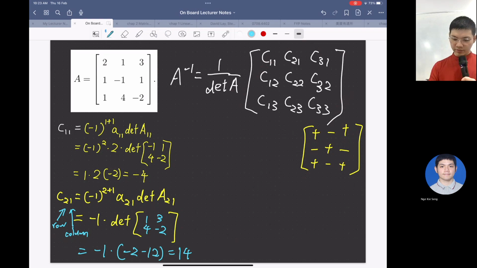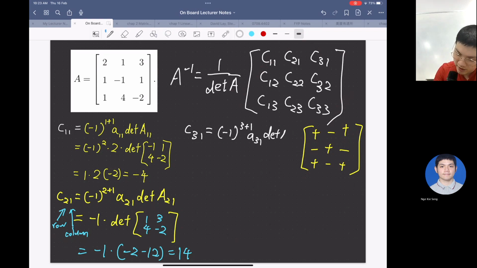Let's compute one more, C31. So minus 1 to the power 3 plus 1, times the determinant of A31. Minus 1 to the power 4 is 1.